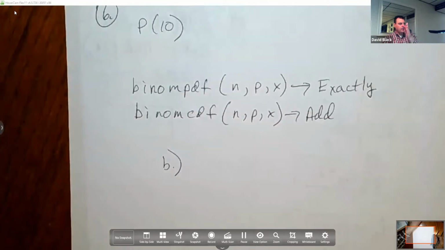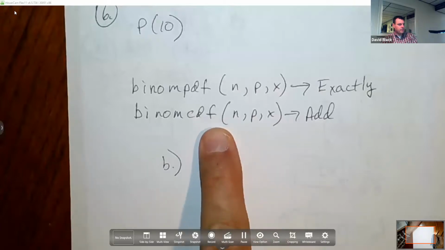No. Could fewer than 5 mean 5, class? Is 5 fewer than 5? No. Could it be 4 or 3 or 2 or 1 or 0? Yes, it could. It could be any of those. So here, fewer than 5 would mean all the way up through 4. So I want to add all those together.